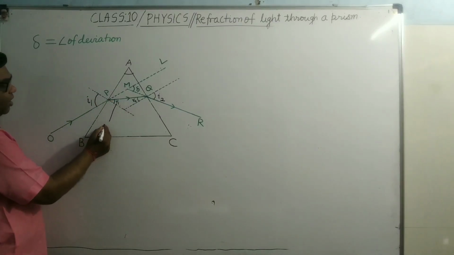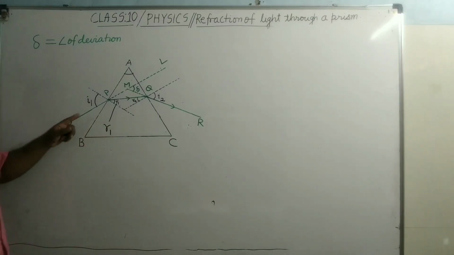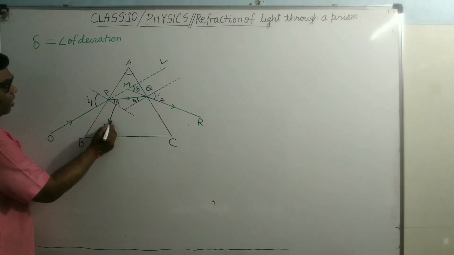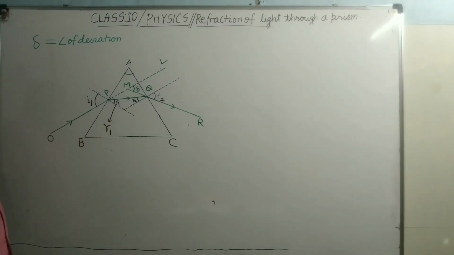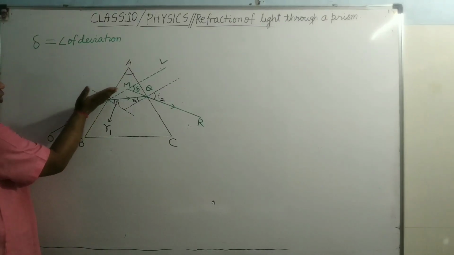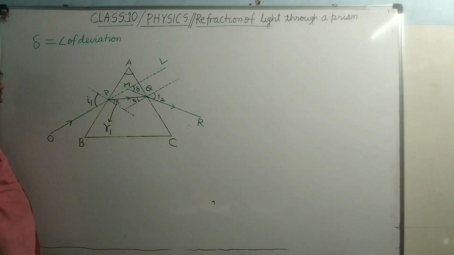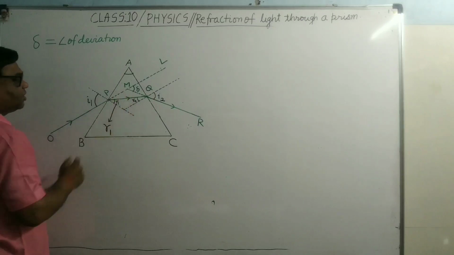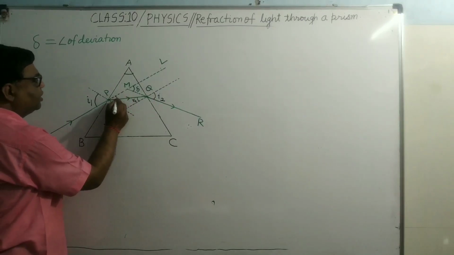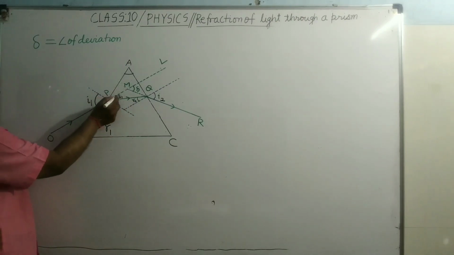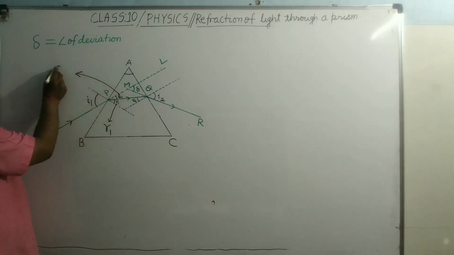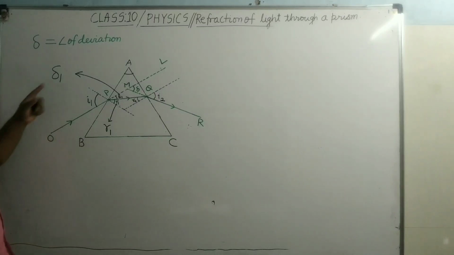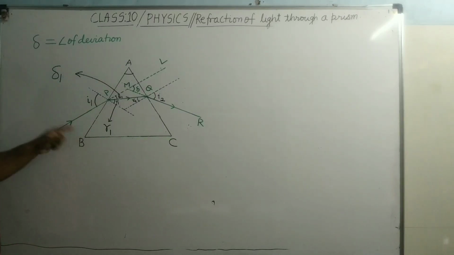In the absence of this prism, it would have gone along the dotted direction. But on placing the prism, it is going in this direction, means it had deviated by this angle. This is the angle of deviation on the first surface. Del 1 is the angle of deviation on the first surface.